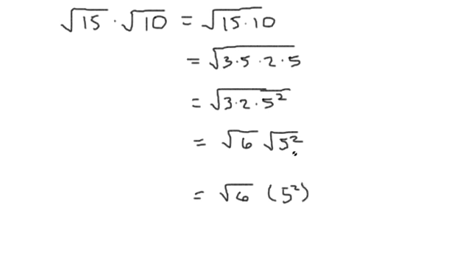Getting it into exponential form, which is really not necessary, but I guess we need to do that right now. 5 to the 2 times a half is 1, so you're just left with a 5, but we want to bring that 5 outside right here. So this all reduces down to 5 times the square root of 6.